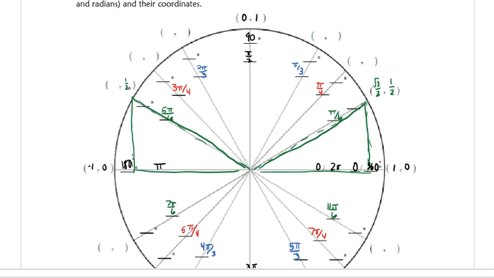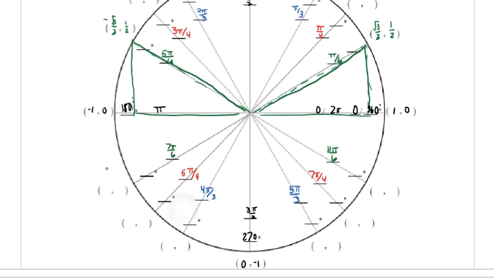Now the only thing that's different is my root 3 over 2, instead of being positive, is going to be negative because it's over to the left. Now this coordinate point's negative root 3 over 2 and negative 1/2. So again, it's that exact same triangle, just down here. Okay, so it's the same distance horizontally, but now that 1/2 is down. And then over here, I'm having the same values, but root 3 over 2 is positive because it has a positive x coordinate, and the 1/2 is negative.